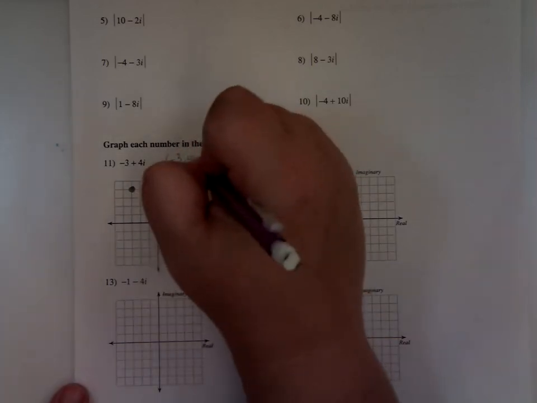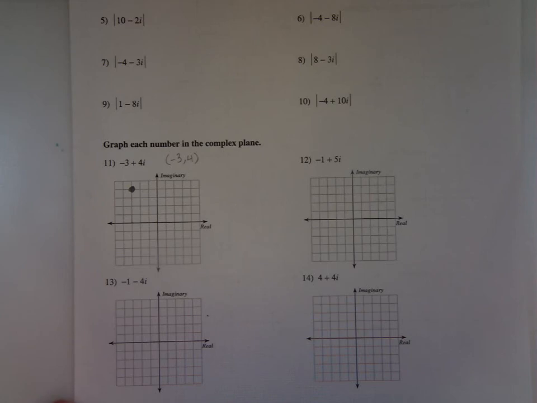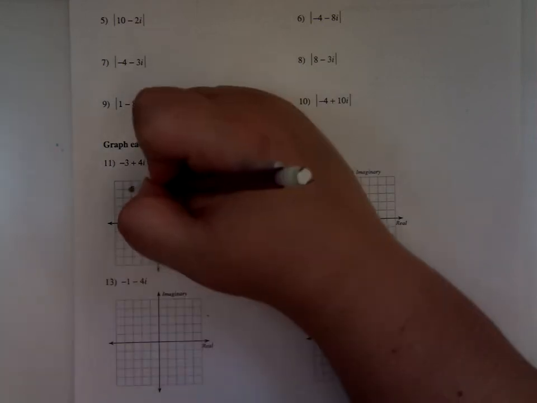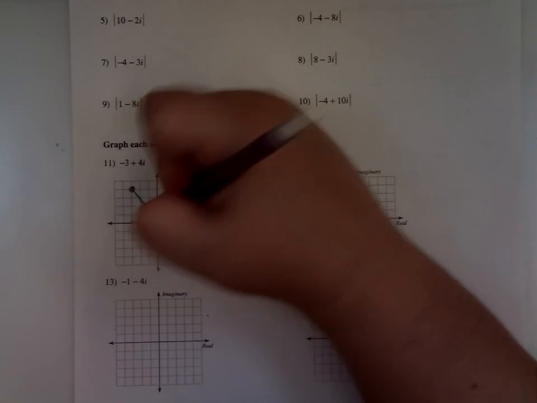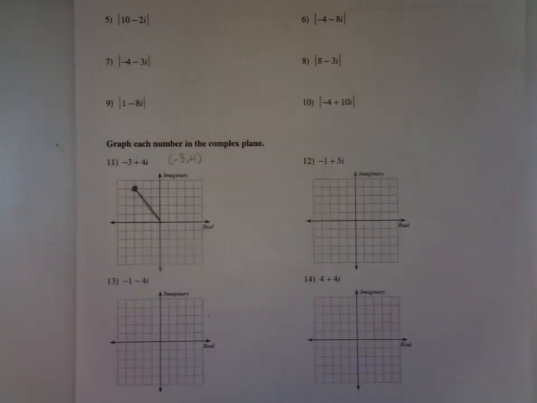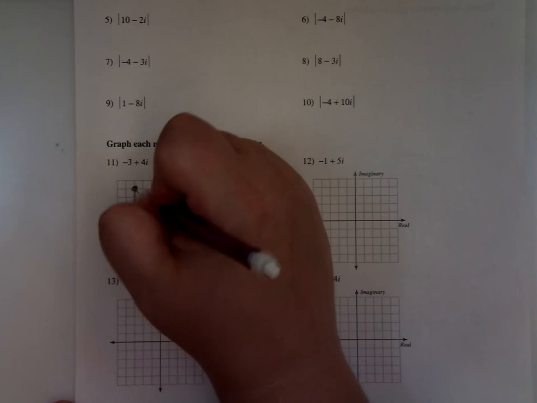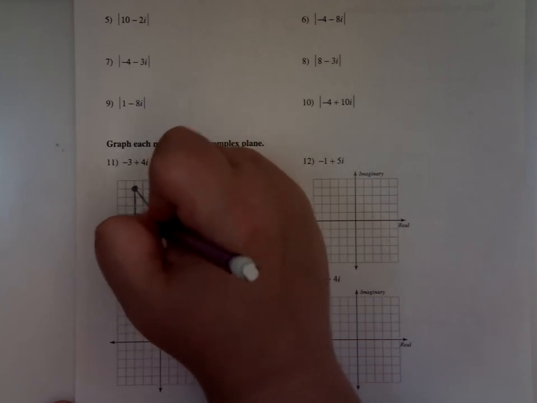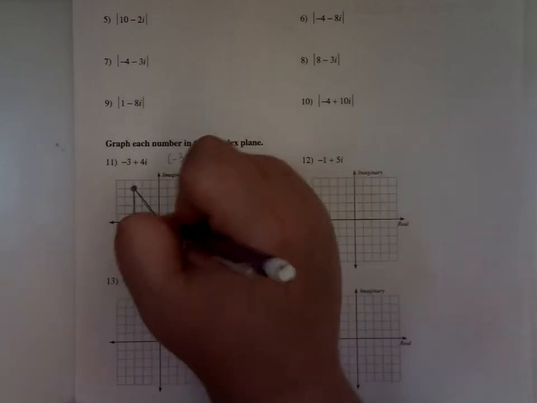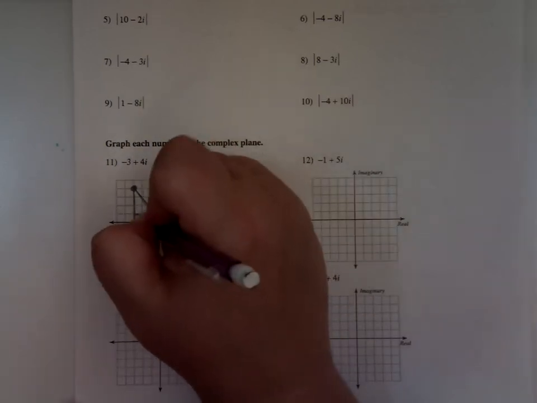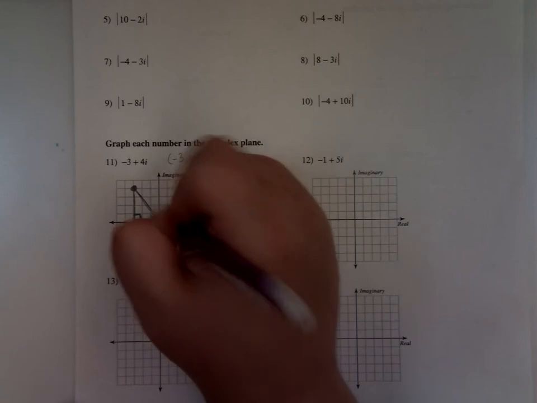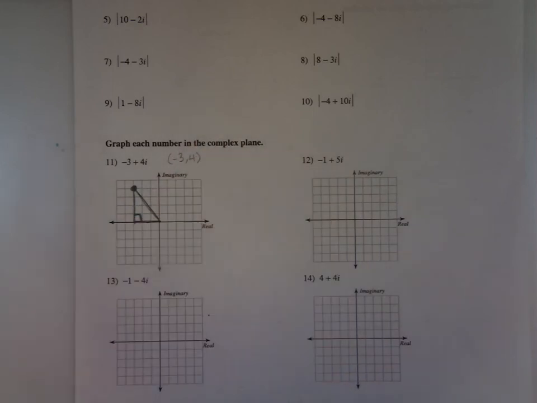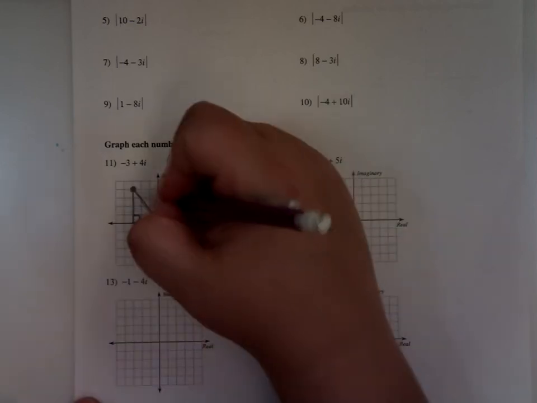Okay, so if we want to look at the absolute value, it's basically the distance. The way that the distance formula is calculated is by using the Pythagorean theorem. We know that if we travel a certain amount of x and then a certain amount of y, we've got two perpendicular sides, and then the hypotenuse is the straight line distance between the origin and the point that we're looking at.